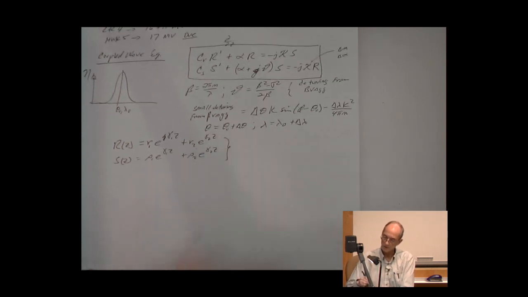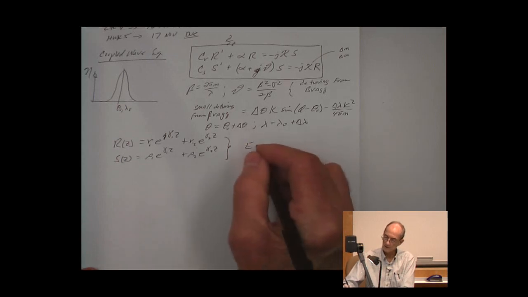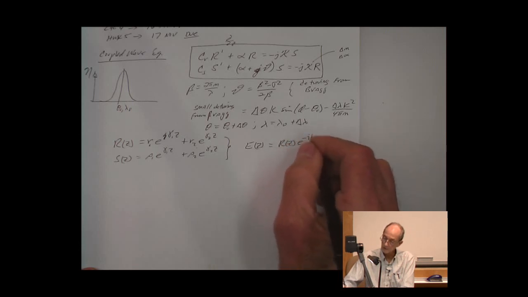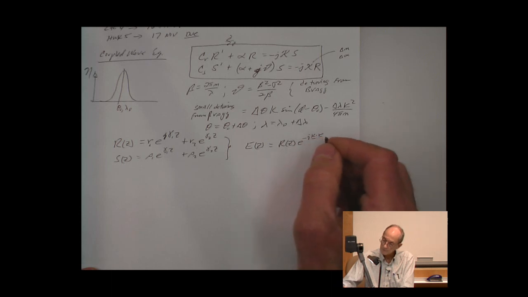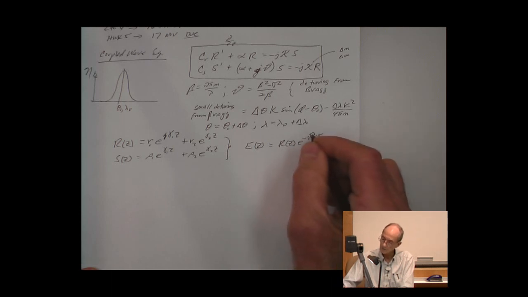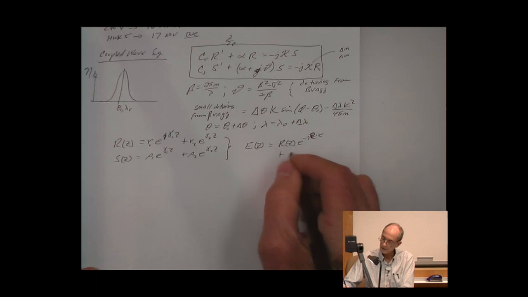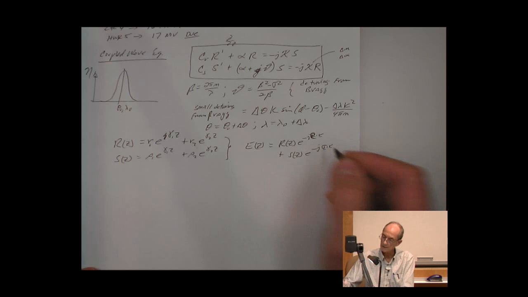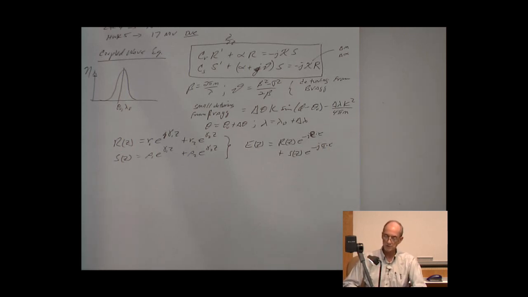So these are the fields, and the total field inside the medium, E of z, is just equal to R of z e to the minus j rho dot r, plus S of z e to the minus j sigma dot r, right? So those are the amplitudes of the two fields that we're after in order to determine the diffraction efficiency.